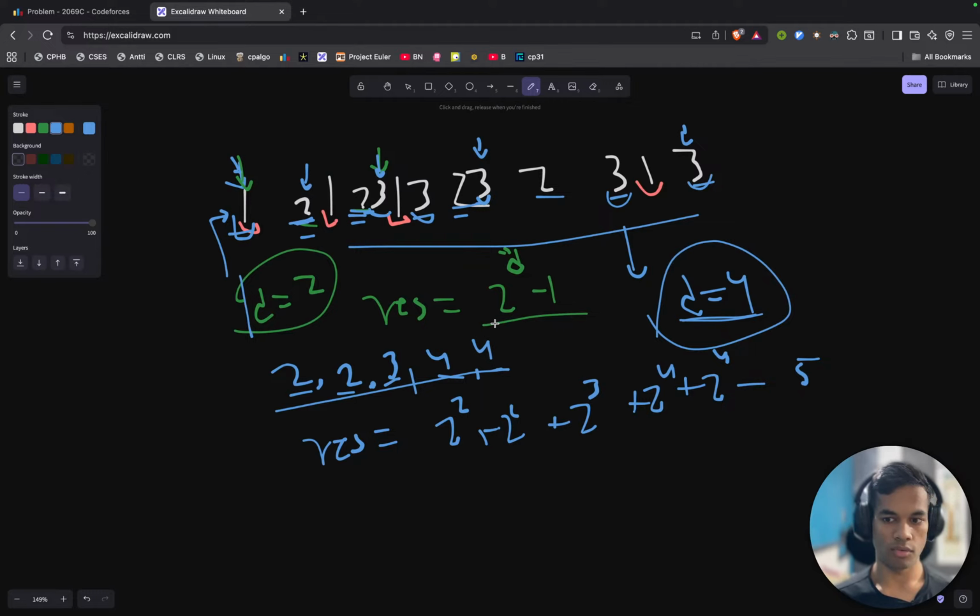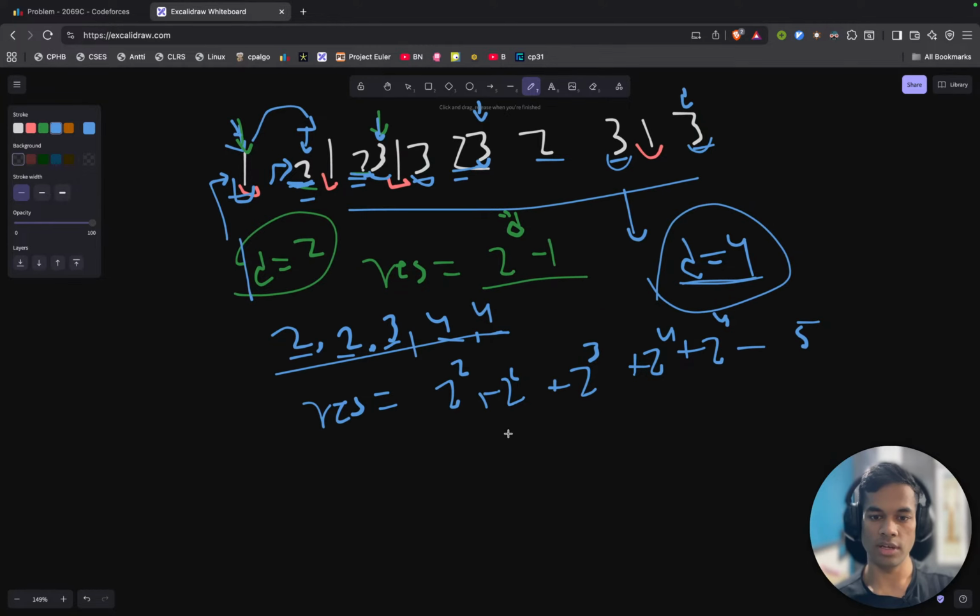And after that, what can we do? Let's say we go to the next one, and when we are there, we see that one of these twos is gone. So initially, this was our value.